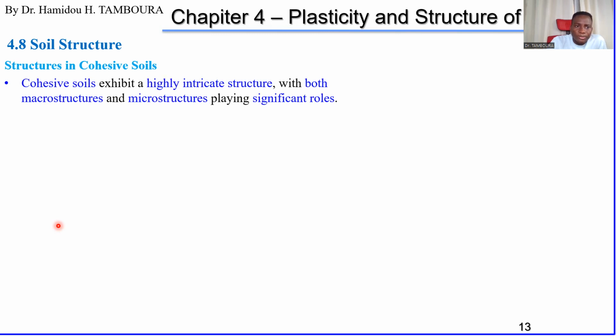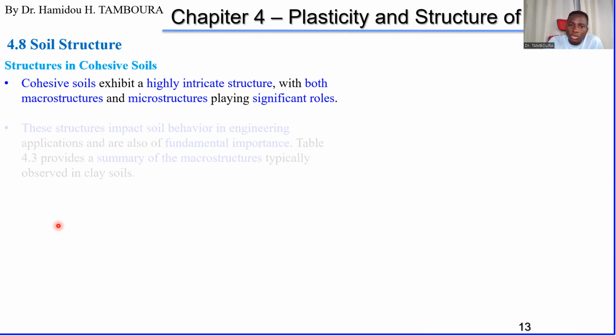So as you can see, cohesive soil exhibits a highly intricate structure, with both microstructure and macrostructure playing significant roles.